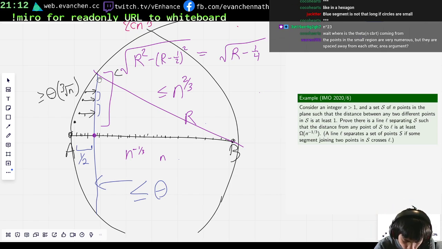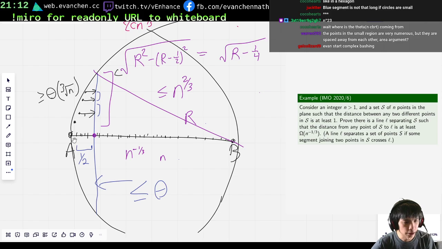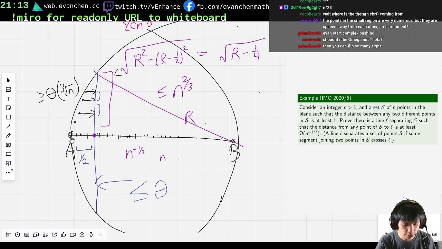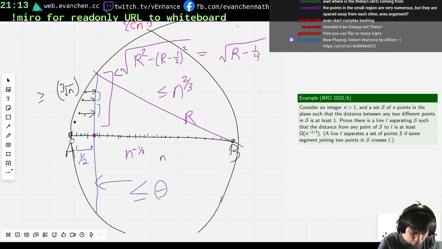So where's the theta cube root n coming from? This tiny segment here is a segment of length half. There's like a 1/2 length here. So because the shadows are close together, that means you need like omega. Yeah, I'll write omega. Honestly, when I'm doing my scratch work, I just leave out all the Greek letters.